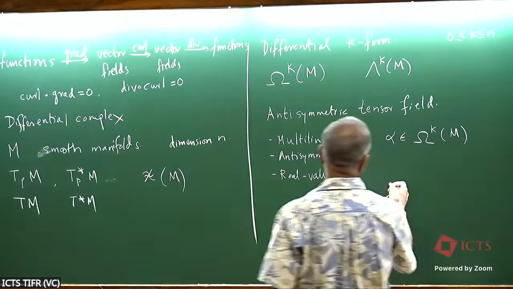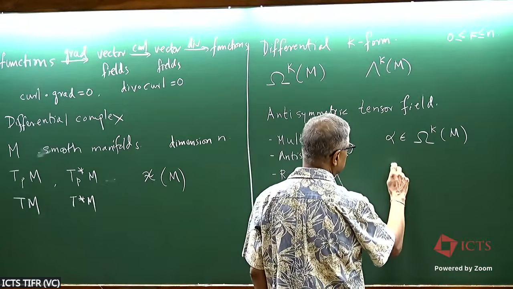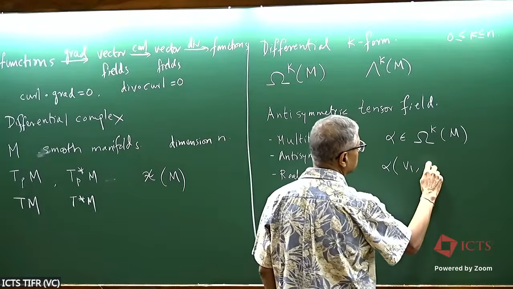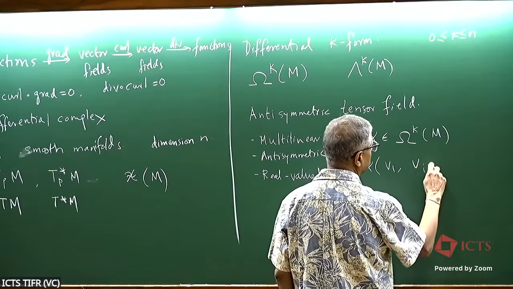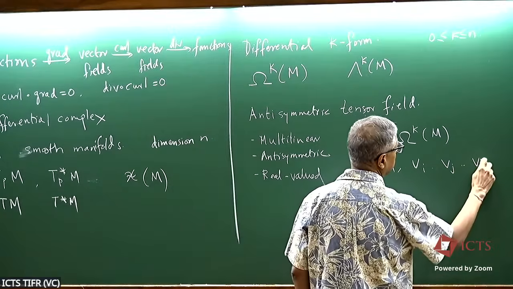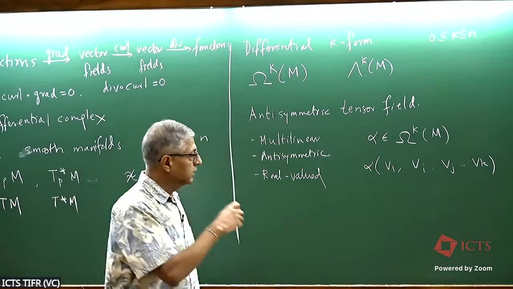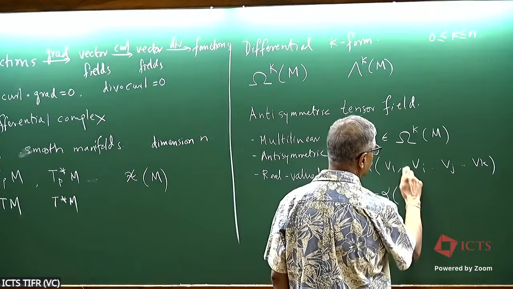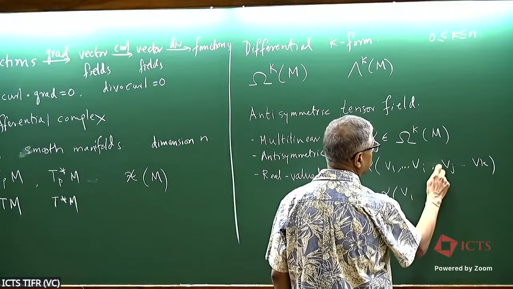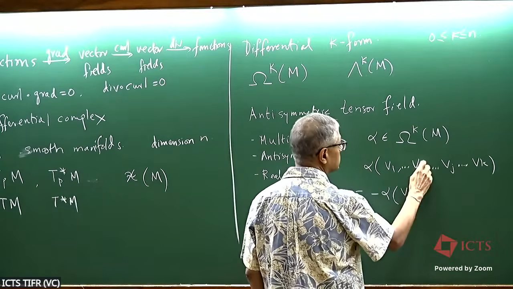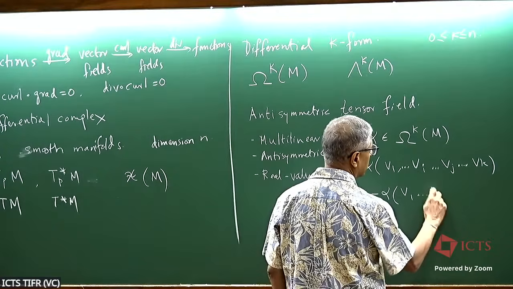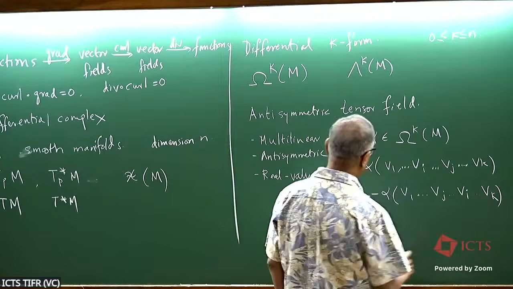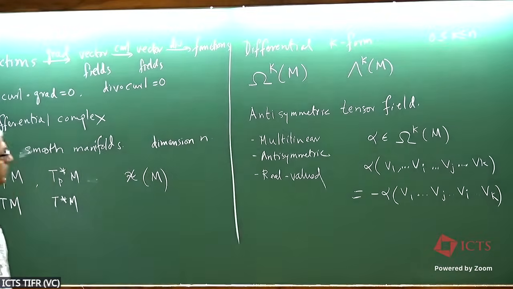If alpha is something like this, and I take K vectors, Vi, Vj, Vk, then this will be a number, and this number will switch sign if you take any pair such as Vi and Vj and swap them. So you pick up a minus sign.